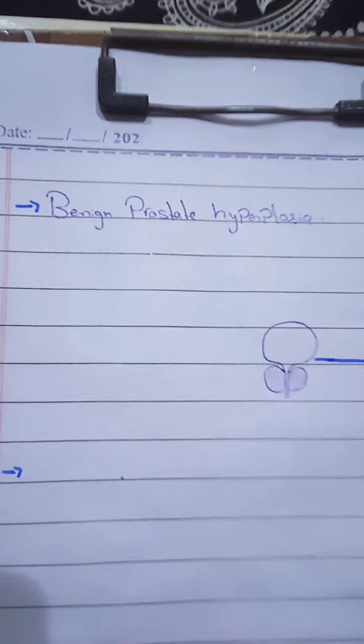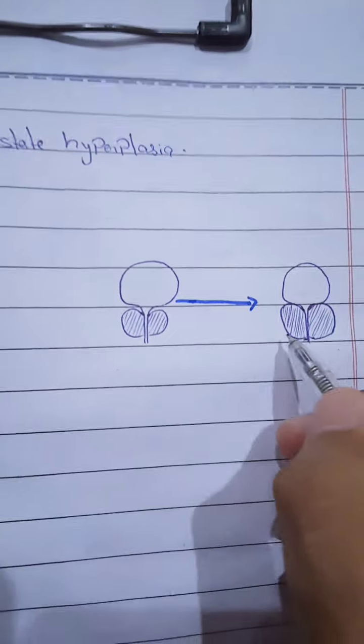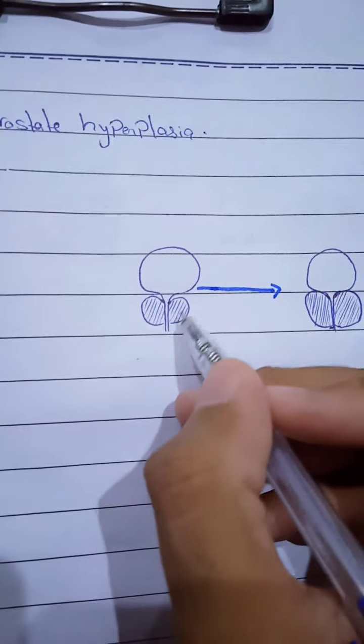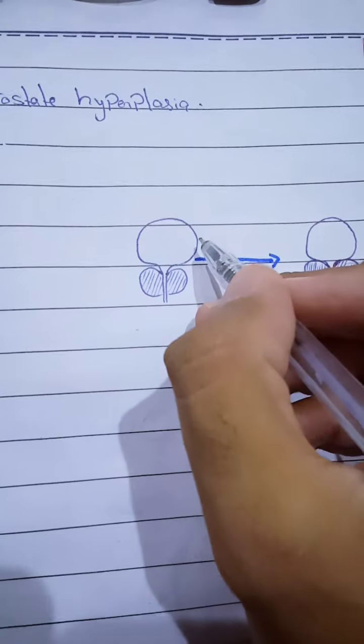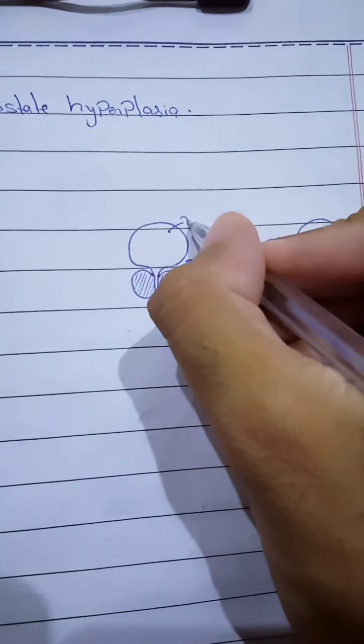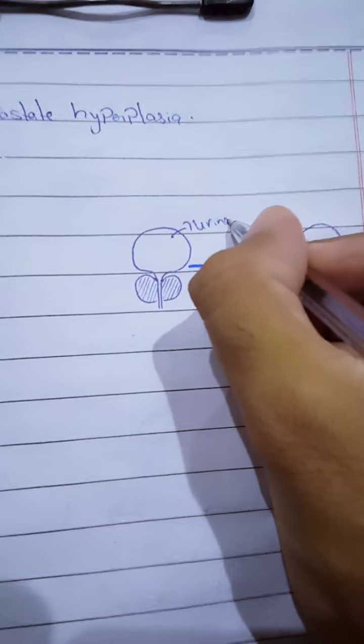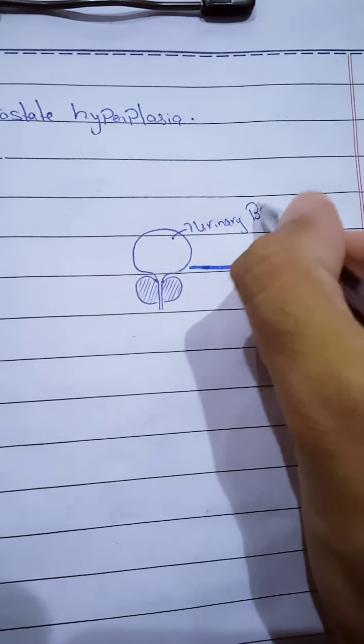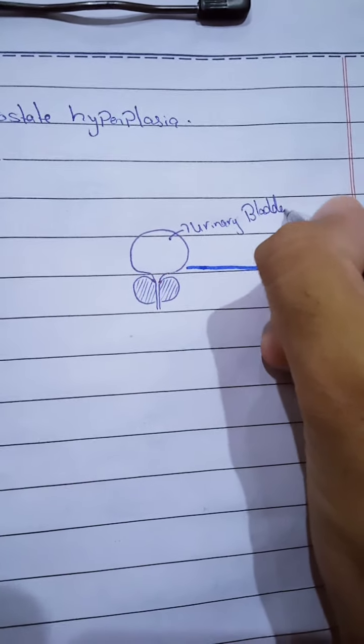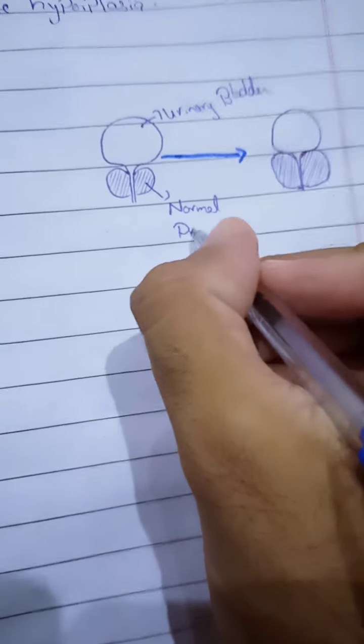Where is the prostate? There you see it is the prostate, right? And this is our urinary bladder. This is the urinary bladder, and this is our normal prostate, right?